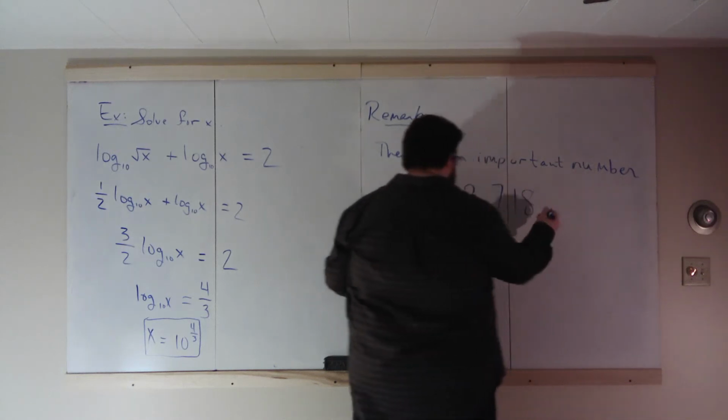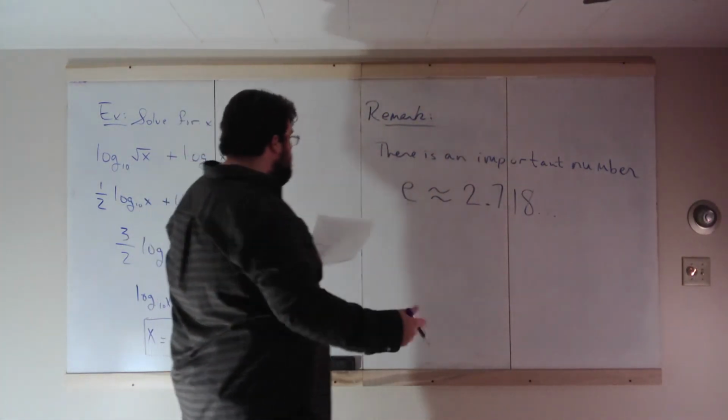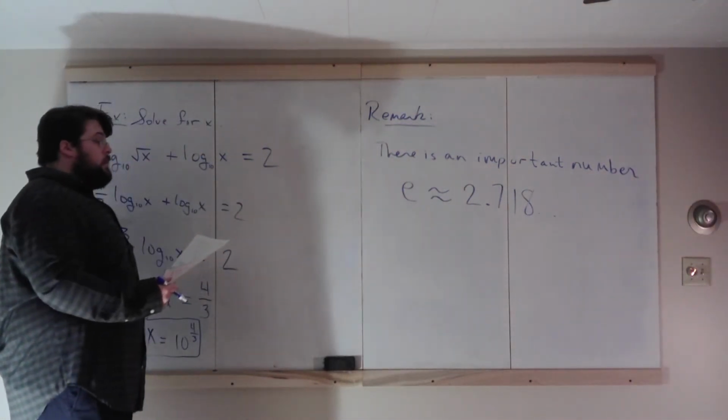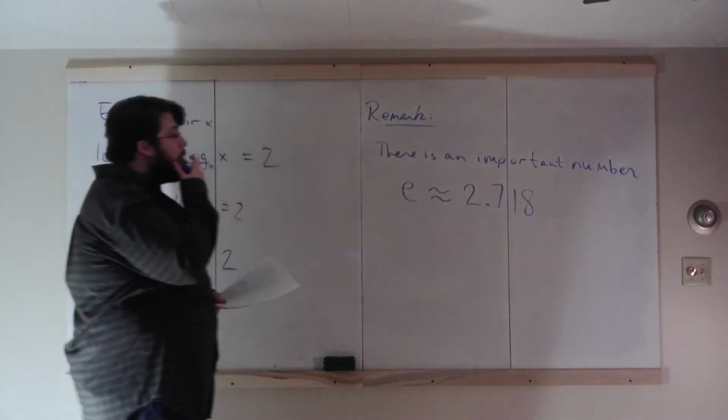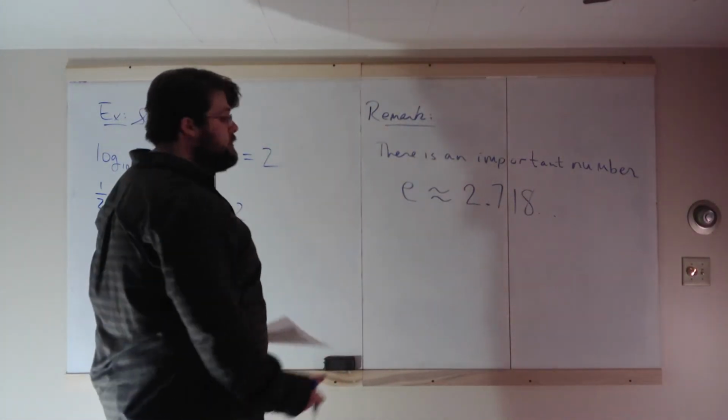It's a very important number in calculus, in physics, probably chemistry, I don't know. I should probably know that. But it's very important in calculus, which is what we're taking.